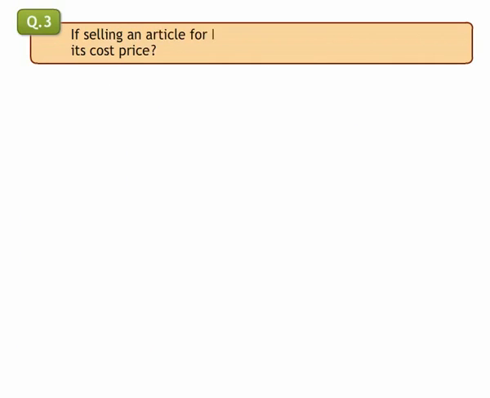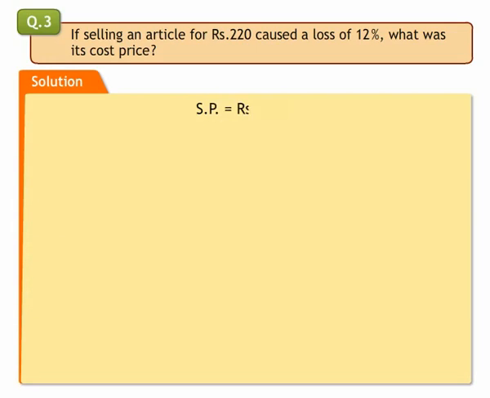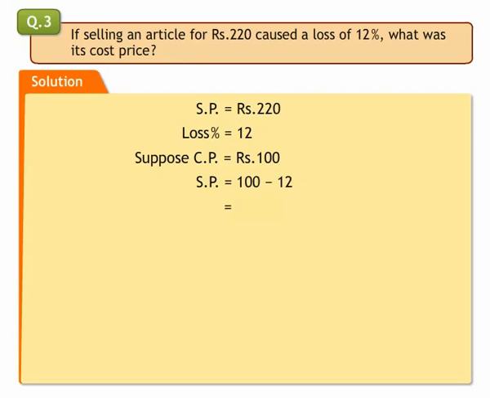3. If selling an article for rupees 220 caused a loss of 12%, what was its cost price? Solution. Selling price is rupees 220. Loss percent is 12. Suppose cost price is rupees 100. Selling price is 100 minus 12, which is rupees 88.